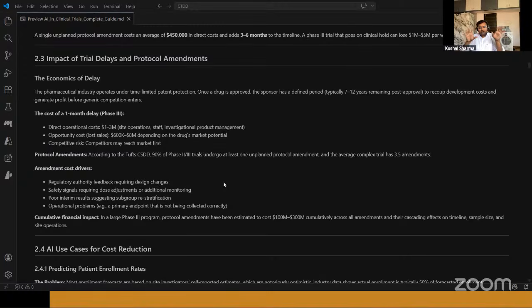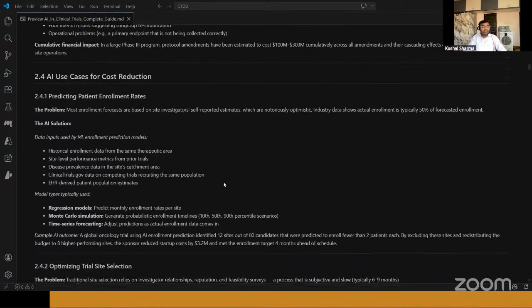So the cumulative financial impact: in a large phase 3 program, protocol amendments have been estimated to cost around $100 million to $300 million cumulatively across all amendments and their cascading effects on timeline, sample size, and site operations.